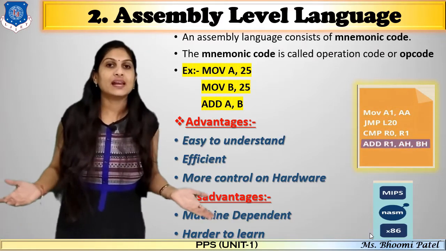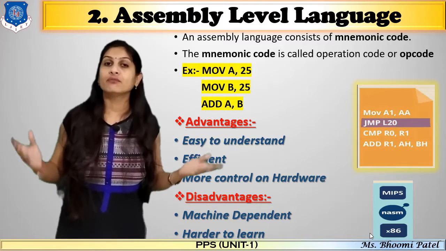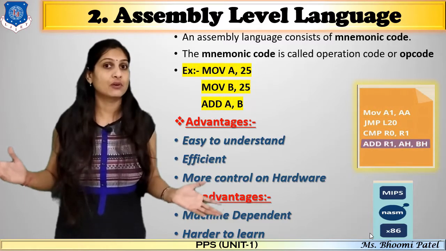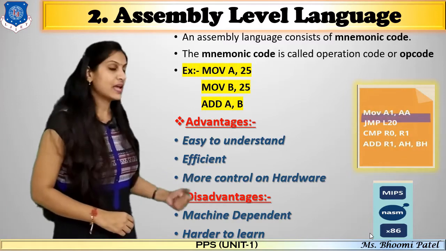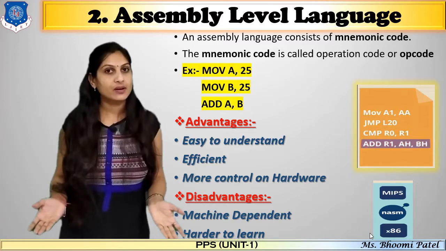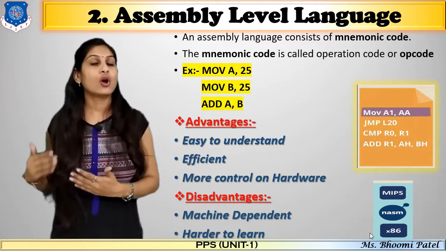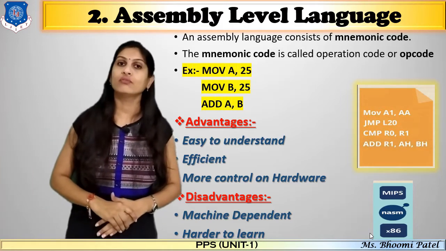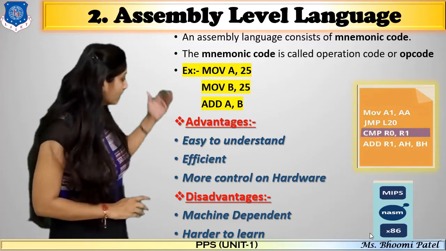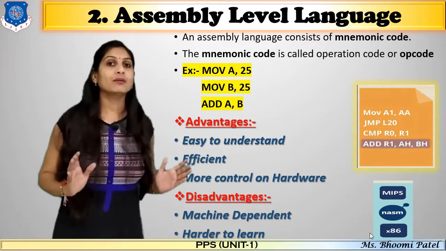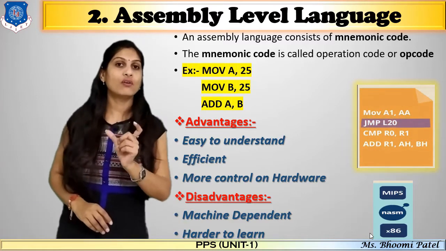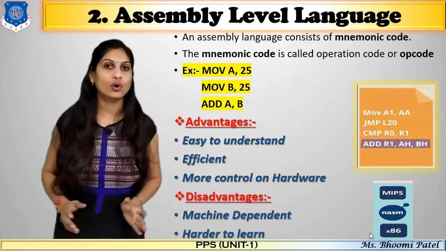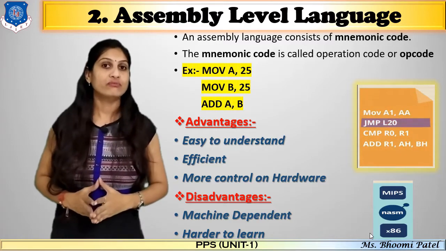So for a different architecture we have to remember a different set of instructions for how to write. And the next drawback is that it is obviously harder to remember all the different kinds of architectures and different types of instructions. So again here I completed the concept of low level language. I hope you understood it very well.